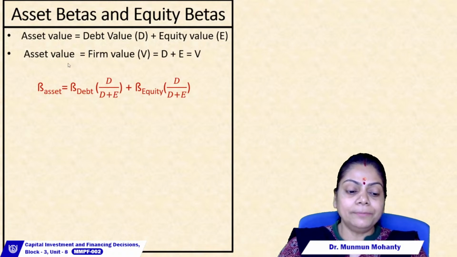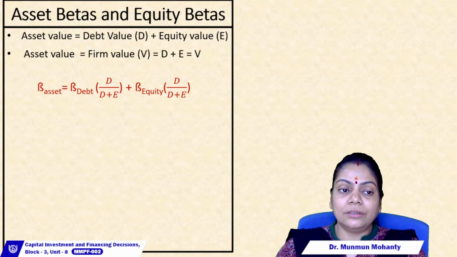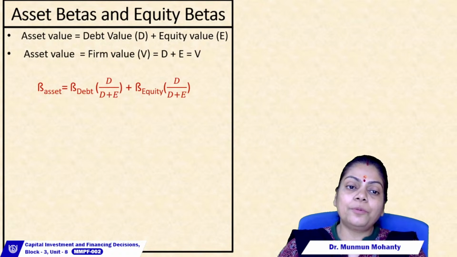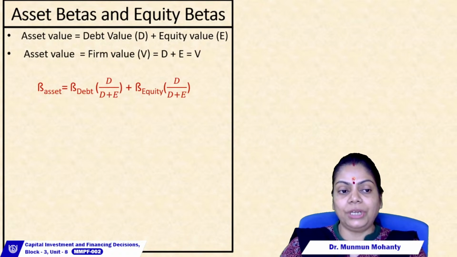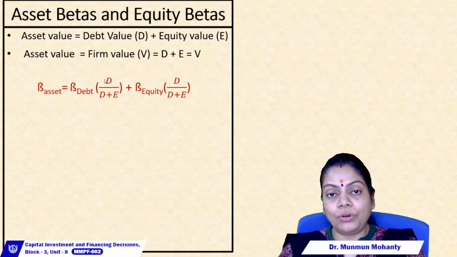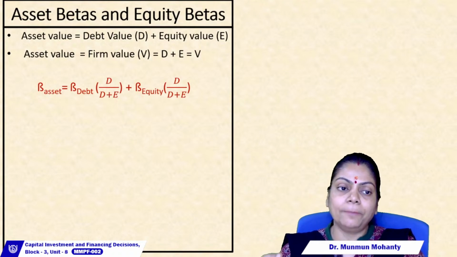Now, accordingly, the beta of the asset is the proportionate beta of the debt and the proportionate beta of the equity. Suppose I'm the whole owner of a company, so my portfolio now has some amount of debt and some amount of equity.